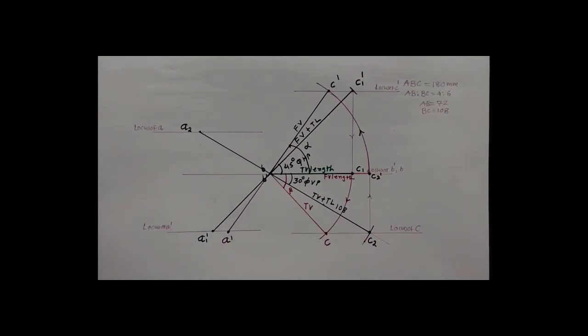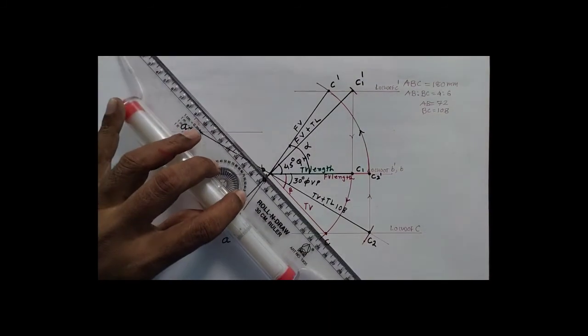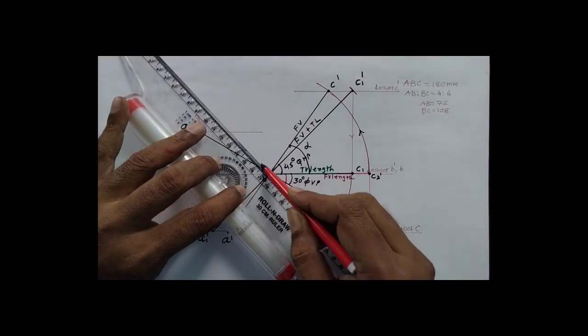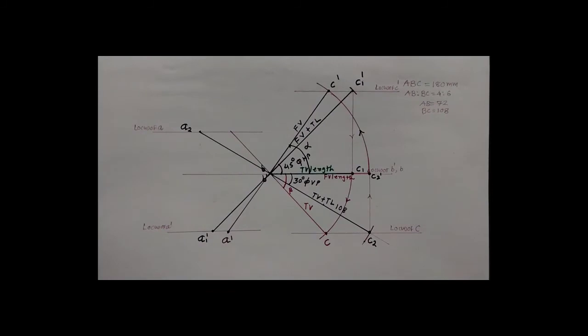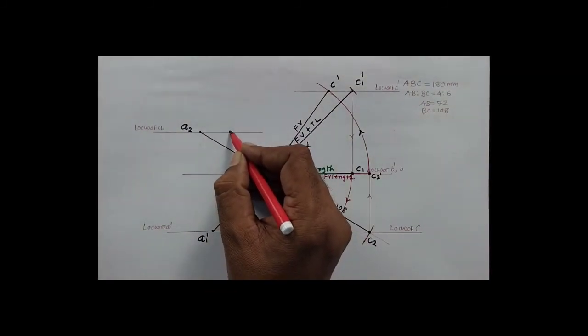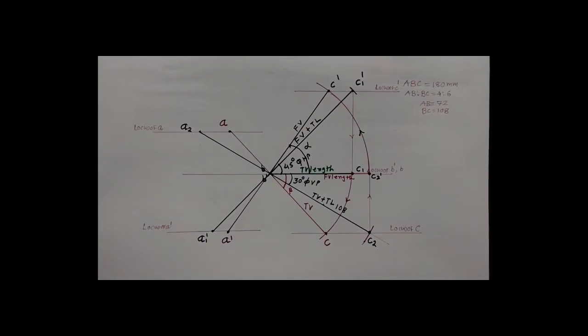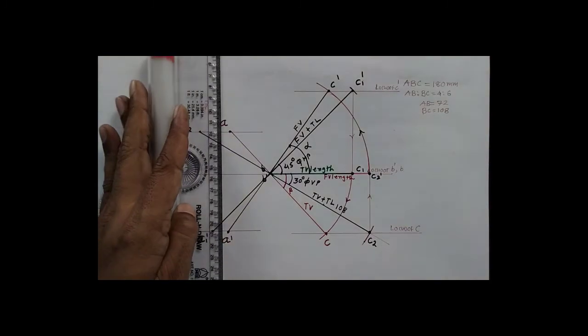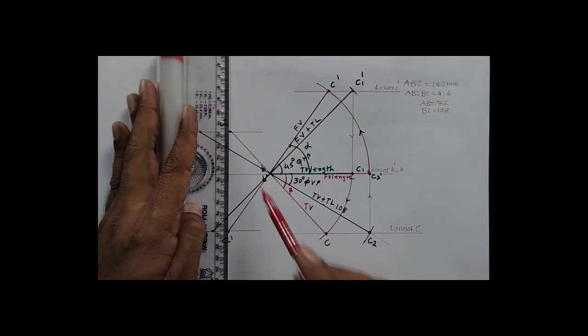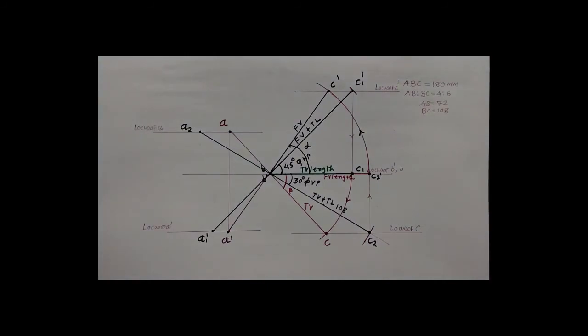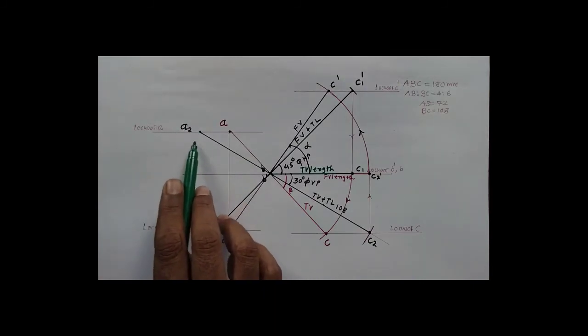Similarly, catch your top view BC and extend it up to the locus of A. You can get your plan point A. But this is my plan point A2.